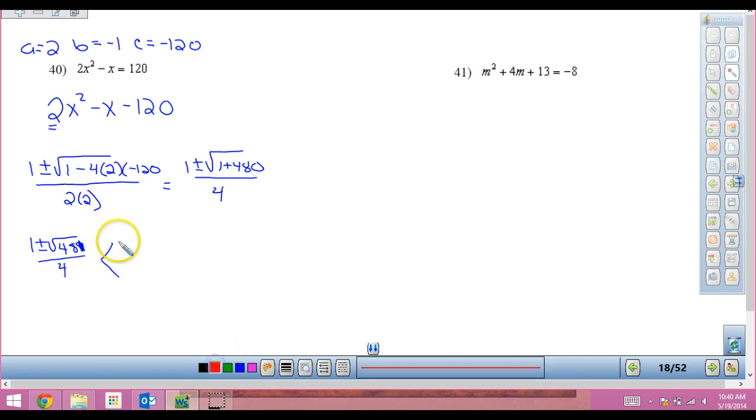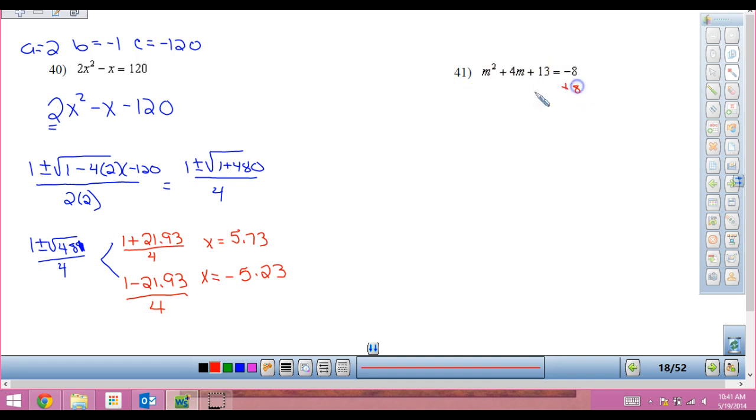Now we can split it into 2. 1 plus square root of 481 is going to be 21.93, all divided by 4, and then 1 minus 21.93, all divided by 4. This one, x is going to equal 5.73. Here we've got x equals negative 5.23. Okay, 2 more problems in this section. Oh, 3 more problems in this section, sorry.